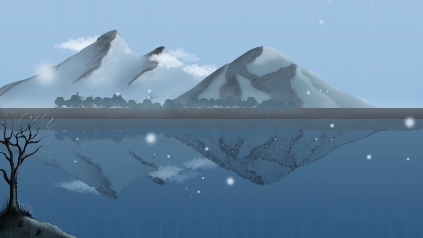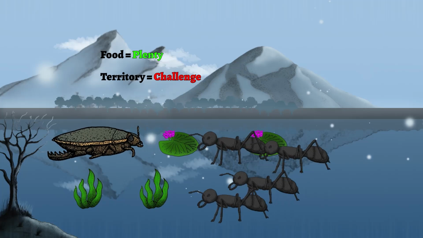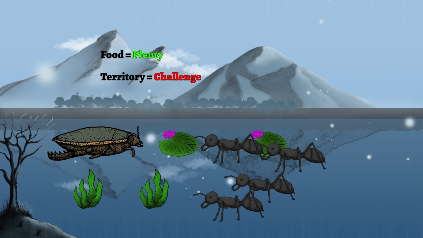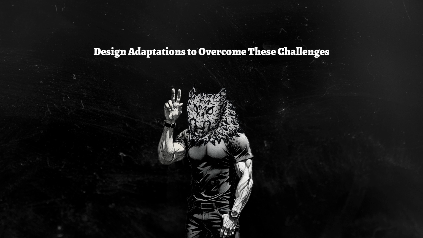Example. In Lake Hydrania, there's plenty of food, but the real challenge lies in holding territory. Swamp ants must defend their zones fiercely, not just from aquatic predators, but also from other colonies that want to claim the same resources. 3. Design adaptations to overcome these challenges.